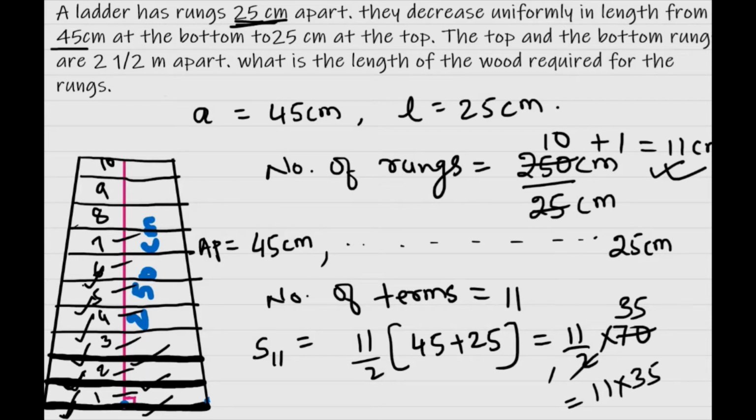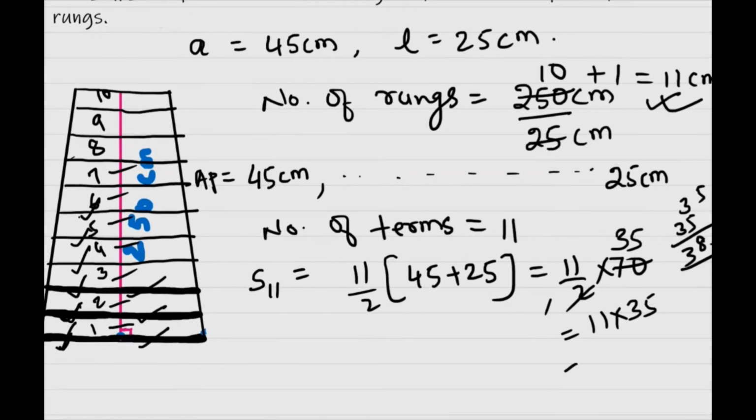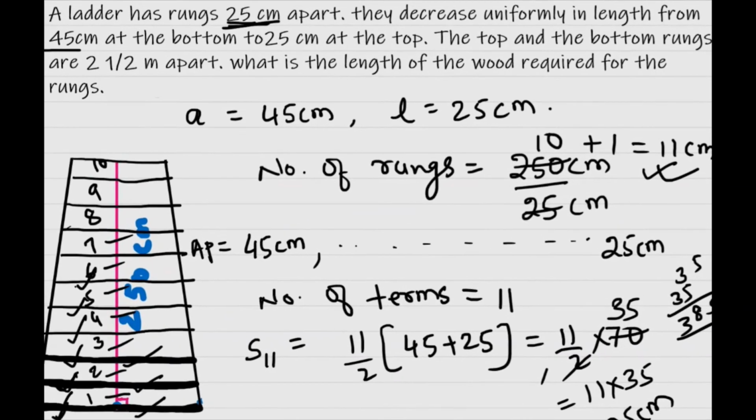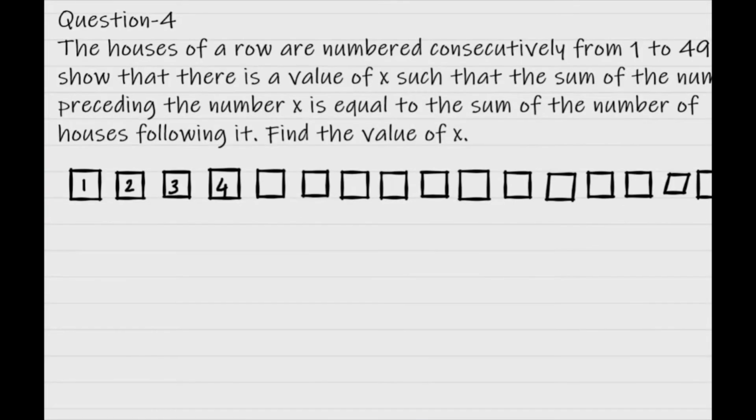That will be equal to 385 centimeters. So the length of wood required to make these rungs is equal to 385 centimeters.